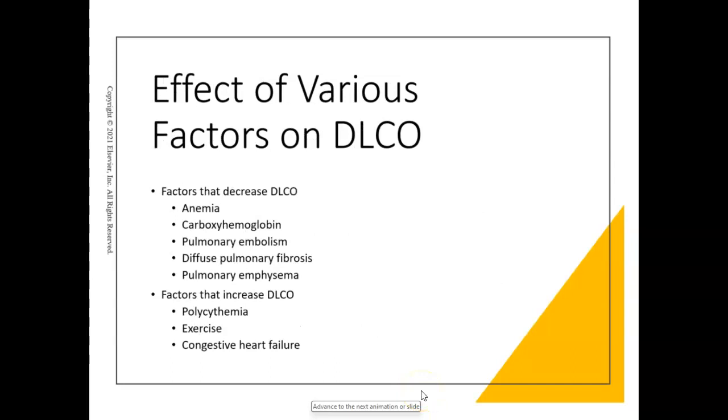All right. Let's talk about diffusing capacity. So this is the lung function test that's looking at the transfer of gases across that alveolar-capillary membrane. The things that are going to impact this are those pressure gradients, the characteristics of the gas in question, like the size of the gas molecule, and the characteristics of that membrane, like the thickness of it and its surface area.